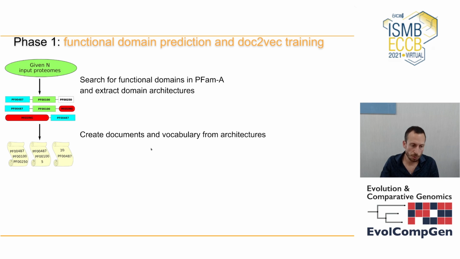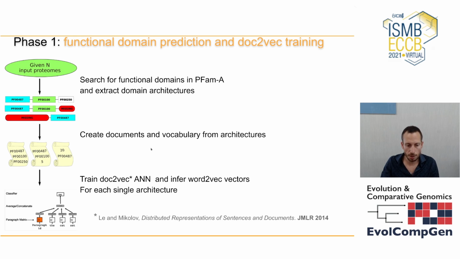Then once we have this vocabulary, we train our doc2vec single layer neural network, where doc2vec is an extension of word2vec from Google. In a very simplified way, when you have the trained model, you give it a phrase, in our case an architecture, and it will give us a vector, a numerical vector.